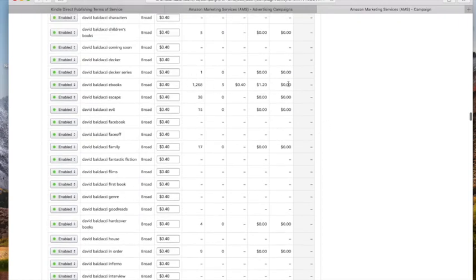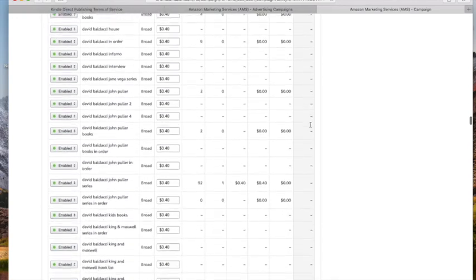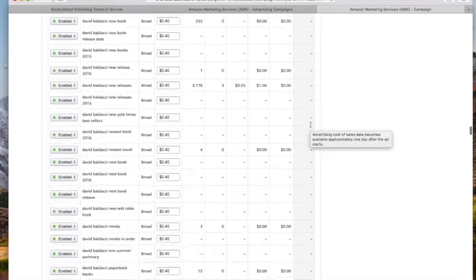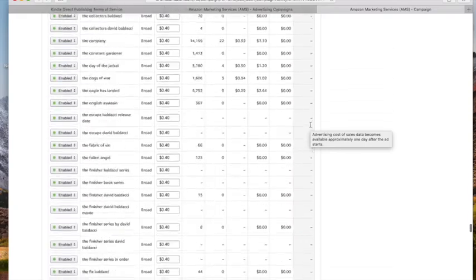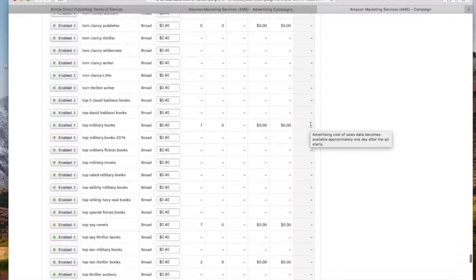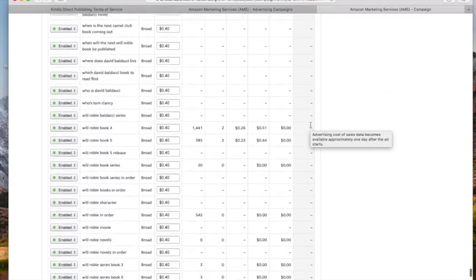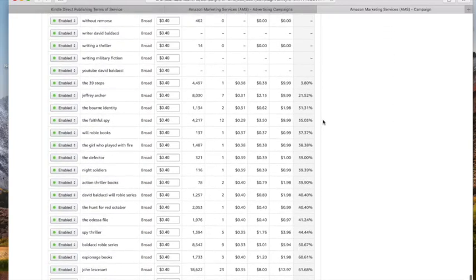Right here I was looking at this just to make sure that the spending there wasn't off the rails. Gracious. The 39 Steps. Go figure.